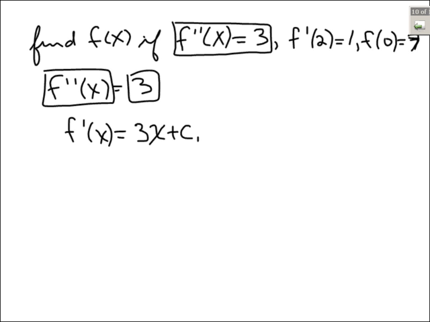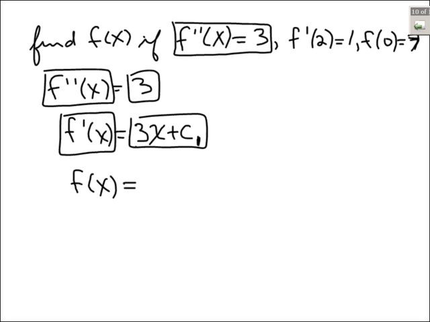I'll call that C1. Okay, well that gives us f prime of x up to a constant. If I take the antiderivative of f prime of x, that is, if I undo the derivative of f prime of x, I'm going to get back f of x. I'm going to undo the derivative on the right side. When you undo the derivative of 3x, you get 3x squared over 2.